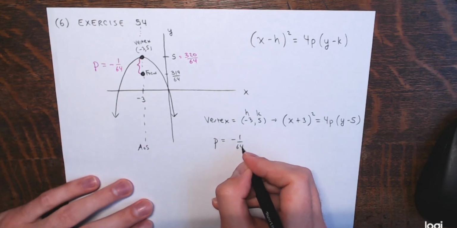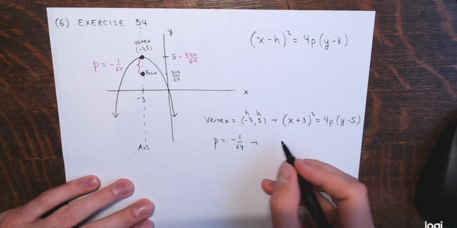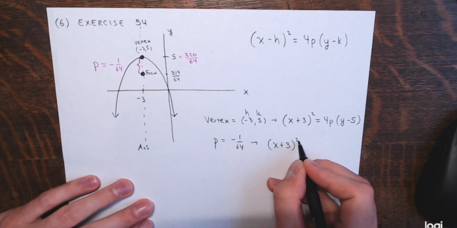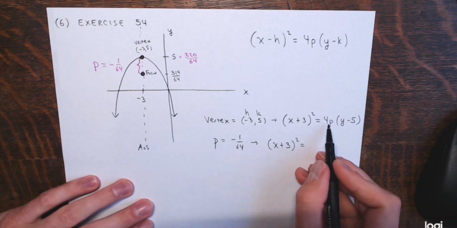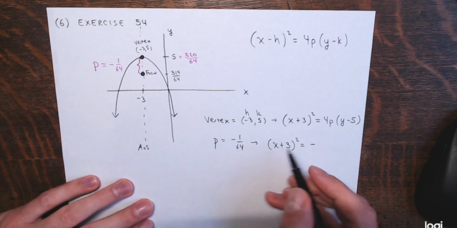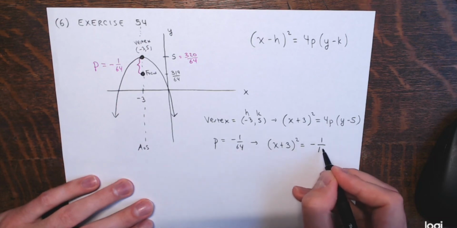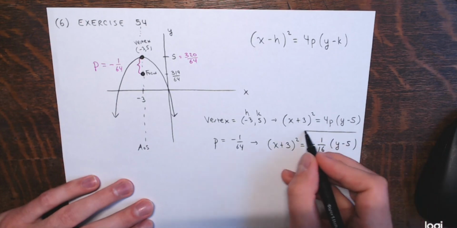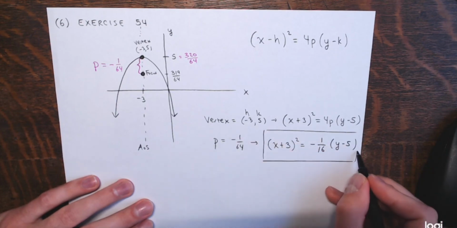And when I put that in for p, we get the following and final equation here: (x plus 3) squared, and then 4 times negative 1/64. Well, 4 goes into 64 16 times, so this would be negative 1/16 times the quantity y minus 5. And there we go. That's what they want.